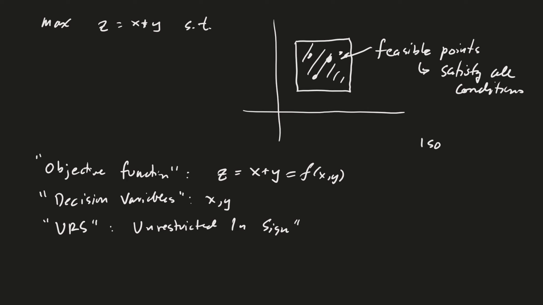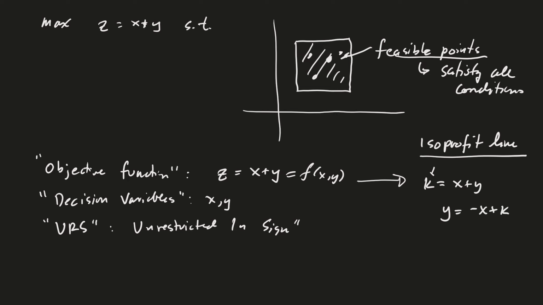Okay, isoprofit line. An isoprofit line means, in this case, for example, suppose I say k is equal to x plus y, where k is some fixed value. Then we see that y is equal to minus x plus k. And so what is this in our graph here? This is a line with slope -1 and intercept k, right?